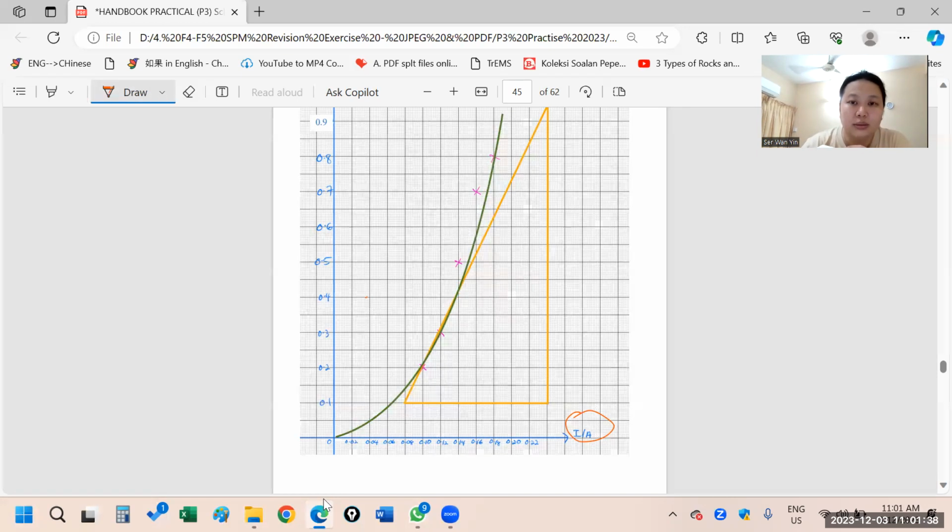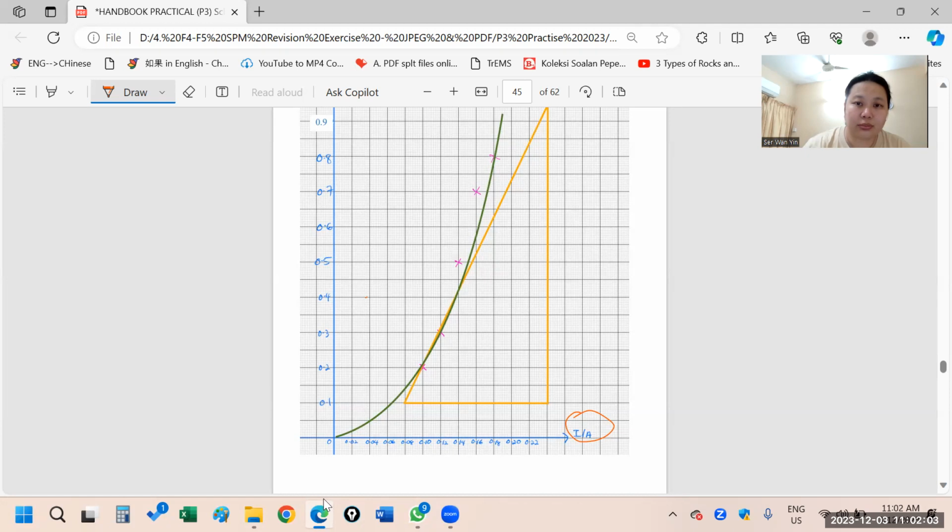For me, I will practice like this. Come back. Just follow. Make sure you practice until you get the momentum and inertia. You want to draw from the top also can. Top to the bottom.